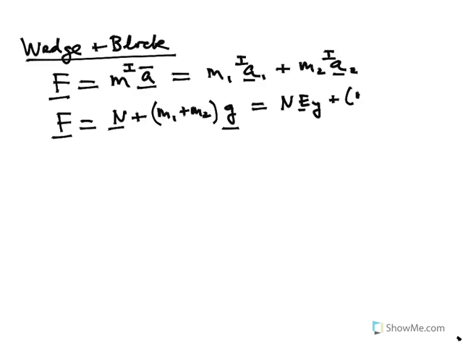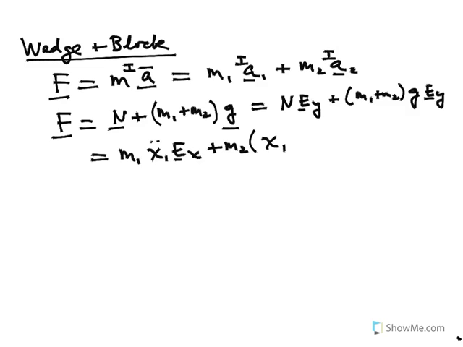But the force of gravity definitely acts in the positive EY direction. And that has to equal M1 times x1 double dot EX plus M2 times (x1 double dot big EX plus x2 double dot little ex). So now you can see that there's an unknown in here, and that unknown is N.